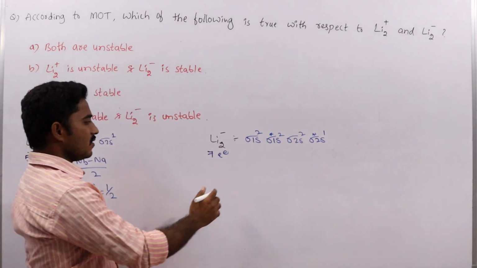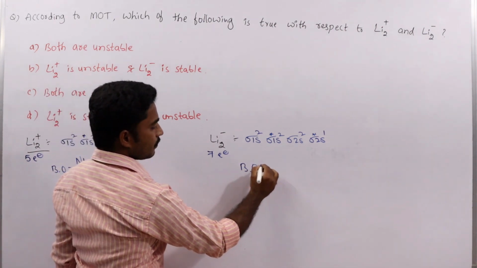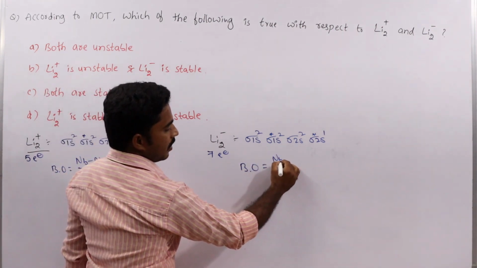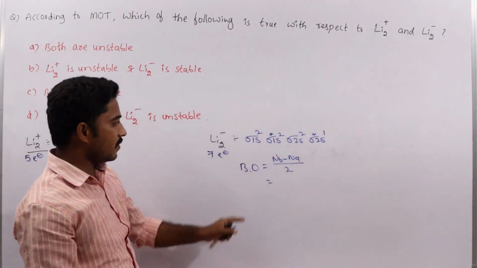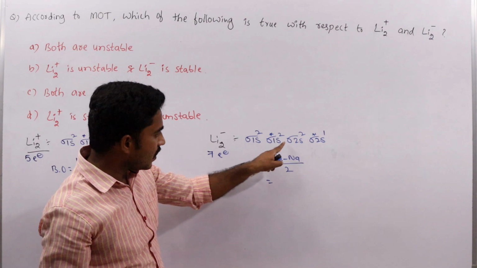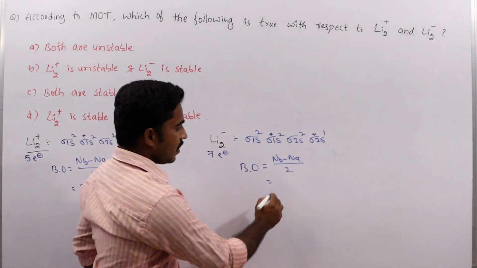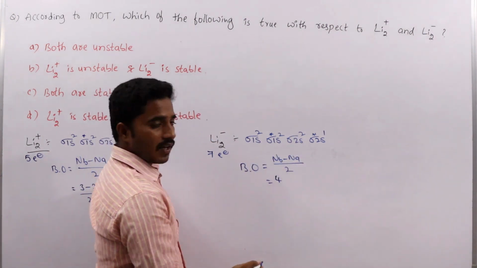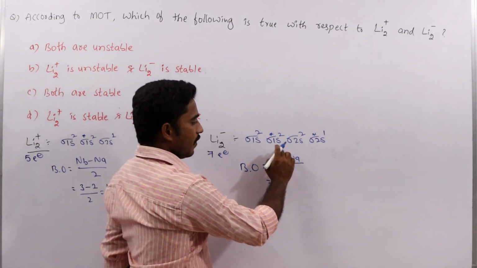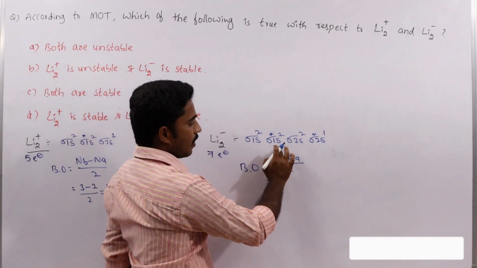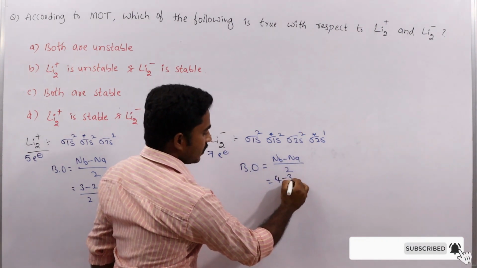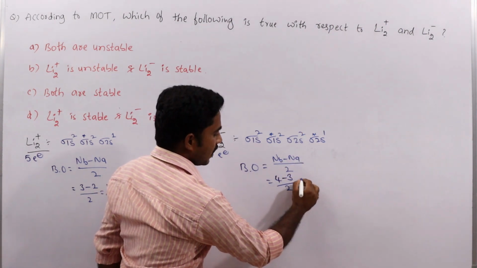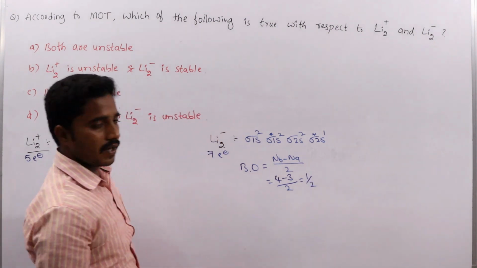Here also, using bond order (Nb minus Na) by 2: Nb, 2 electrons here, 2 electrons here, totally 4 electrons. Na, anti-bonding molecular orbital electrons: here 2 electrons, here 1 electron, totally 3 electrons. So (4 minus 3) by 2 is nothing but 1 by 2.